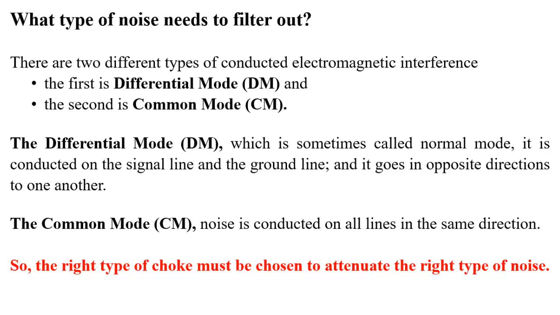The differential mode DM, which is sometimes called normal mode, is conducted on the signal line and the ground line, and it goes in opposite directions to one another. Common mode CM noise is conducted on all lines in the same direction. So the right types of chokes must be chosen to attenuate the right types of noise.